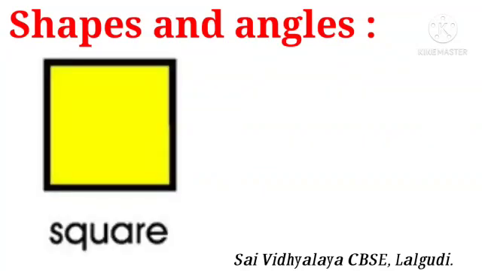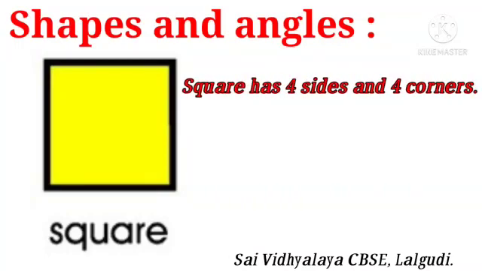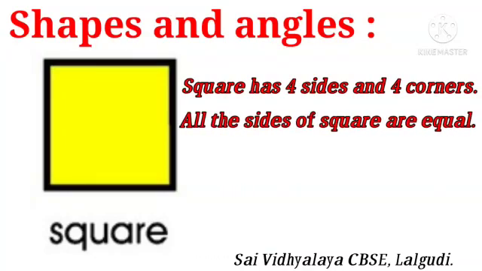Next, square. Square has four sides and four corners. We know that all the sides of the square are equal. Now, let's draw angles inside the square. 1, 2, 3, 4.